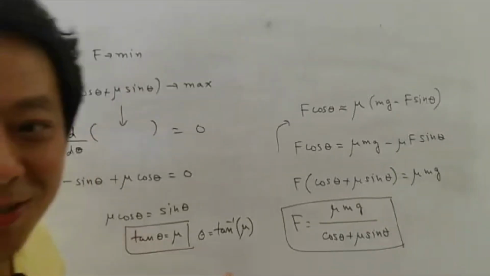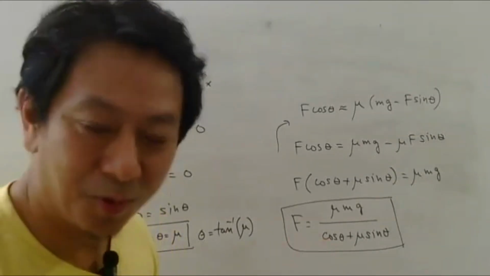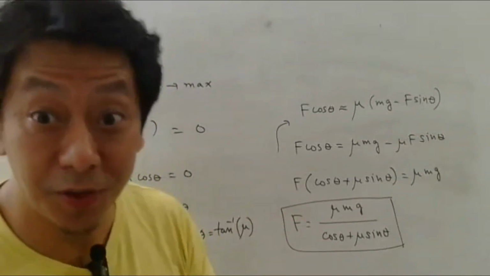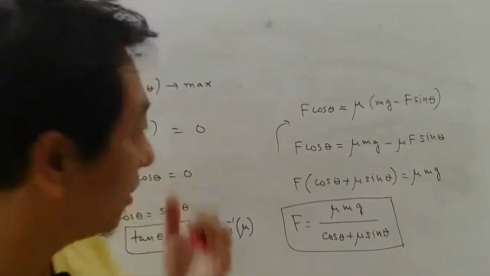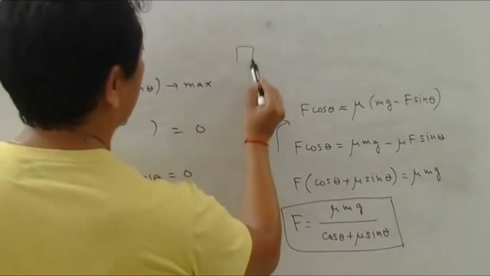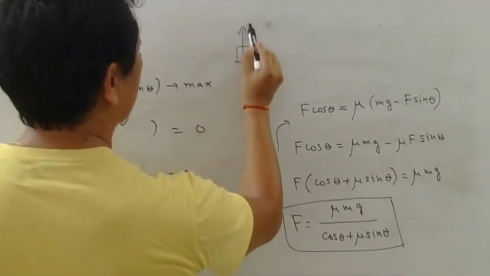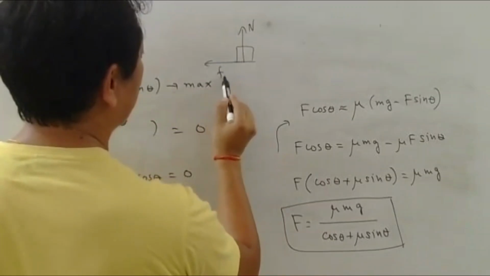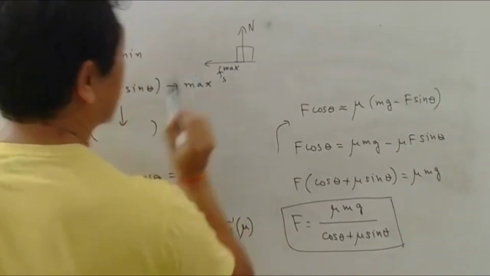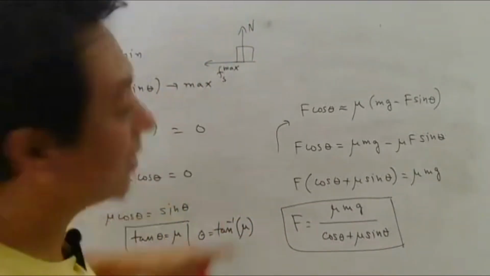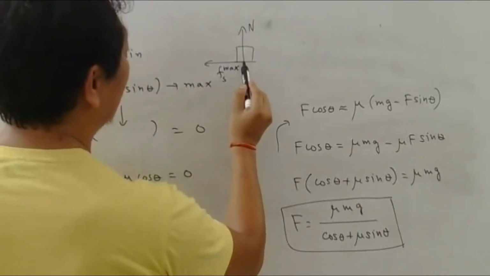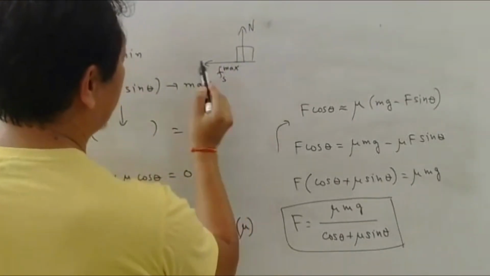If you remember, this is your angle of repose also, and this is also the angle of friction. Angle of friction is basically the angle between the normal and the resultant of normal and Fs max.